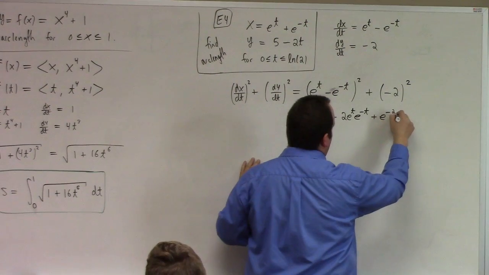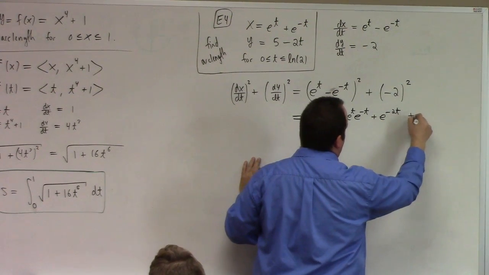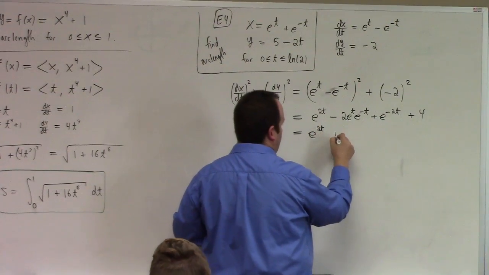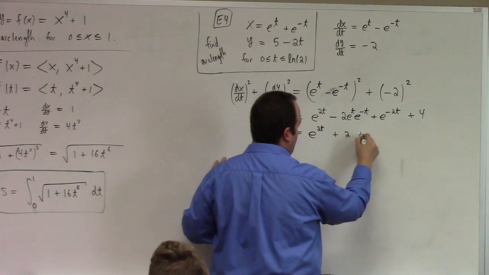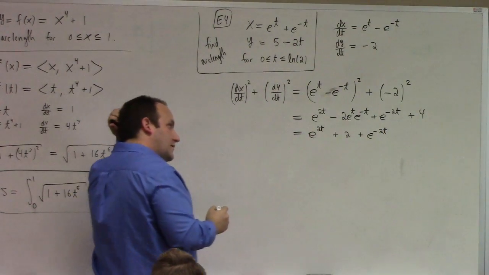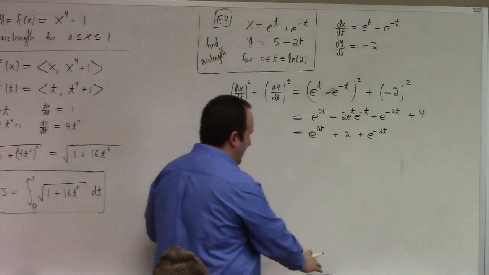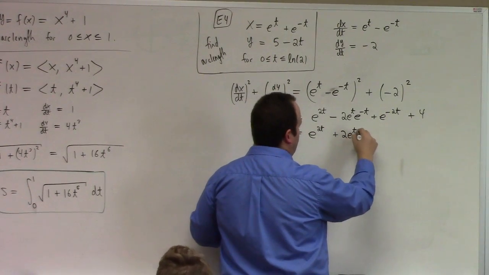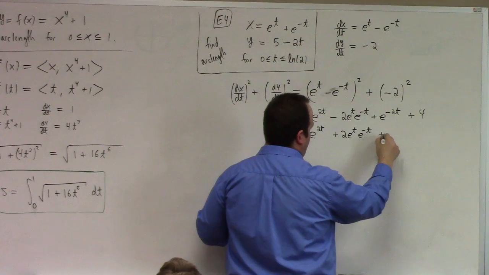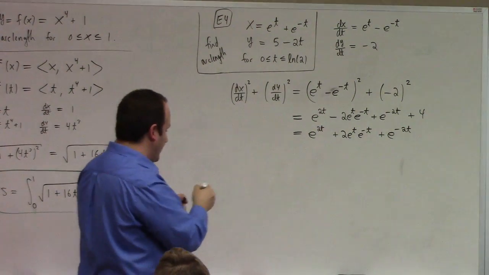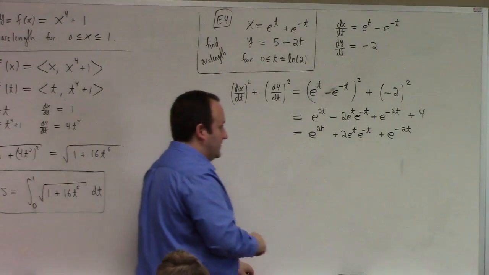Plus e to the minus 2t, plus 4, which is also known as e to the 2t, plus 2, plus e to the minus 2t, right? Or maybe it's even better to write it this way. Plus 2 e to the t, e to the minus t, right?